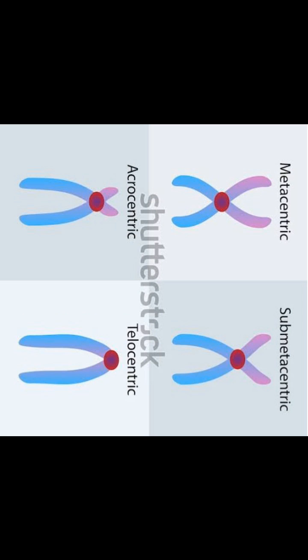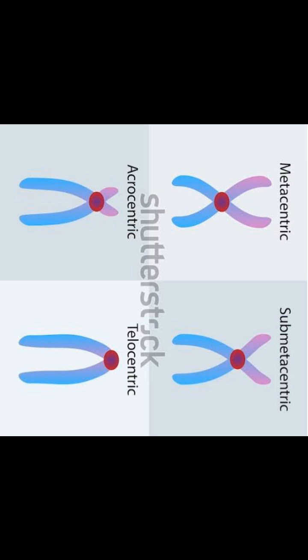In the acrocentric chromosome, the centromere is situated close to its end, forming one extremely short end and one extremely long end or arm. You can see in the diagram, one end is extremely shorter, one end is extremely longer.